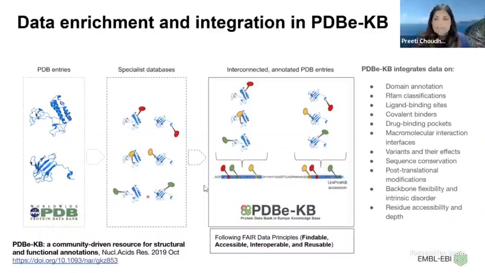The aim of PDBe KB is to integrate and interconnect all these annotations in order to provide a comprehensive aggregated view on a more biologically meaningful entity, in this case, full-length proteins, following FAIR data principles, which make the data easy to find, accessible, interoperable, and reusable.